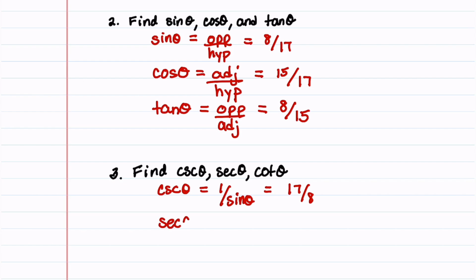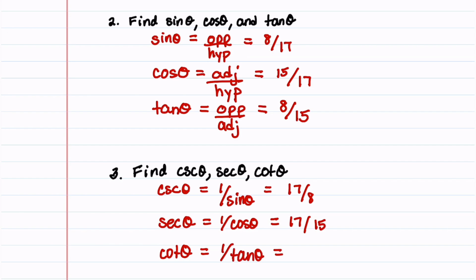Secant theta is 1 over cosine theta. So we'll invert cosine theta, and we get 17 over 15. And then lastly, we have cotangent theta is 1 over tangent theta. So we'll invert tangent theta, and we'll arrive at a value of 15 divided by 8.